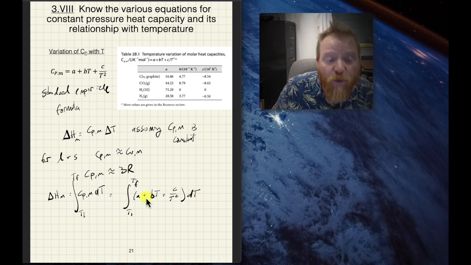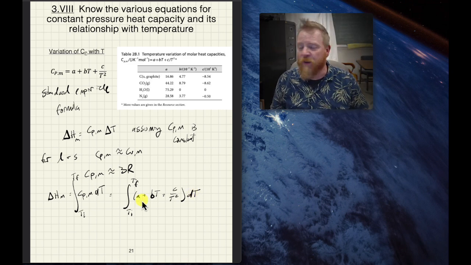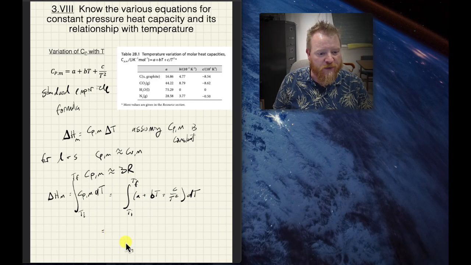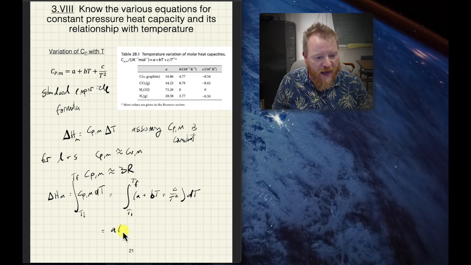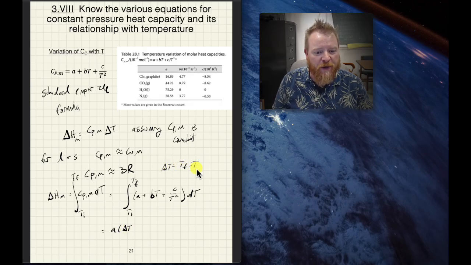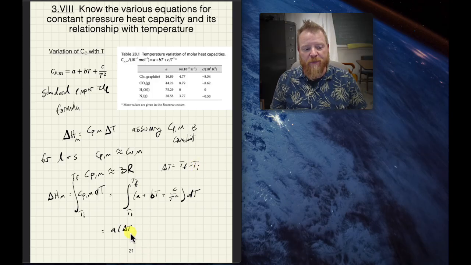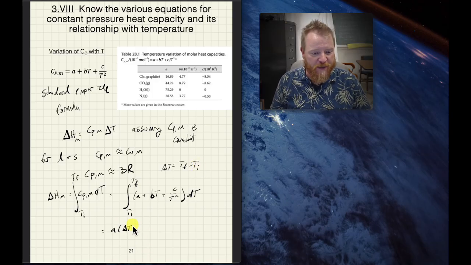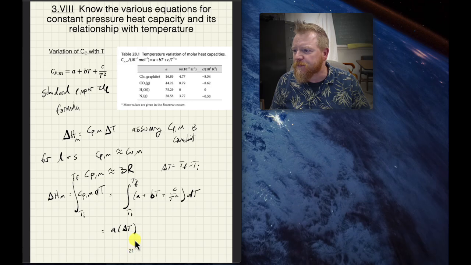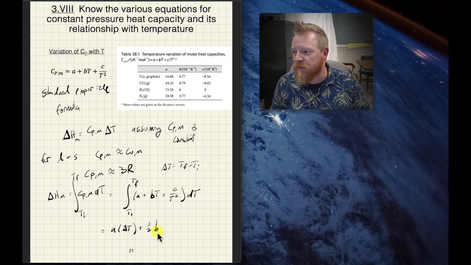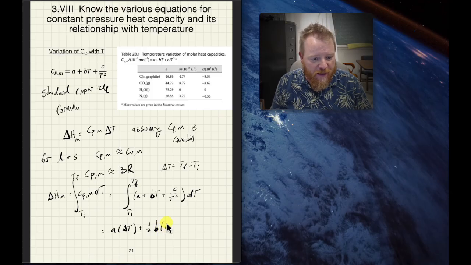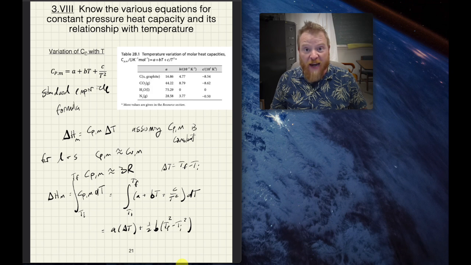And now we would perform that integral, and we would get something that looks like the following. So that will be A, and I'm just going to write this as delta T, noting that delta T is its usual meaning, final minus initial temperature, right? So the integral of this becomes A times delta T plus 1/2 times the B constant, and then that's going to be T final squared minus T initial squared, not delta T squared, right?